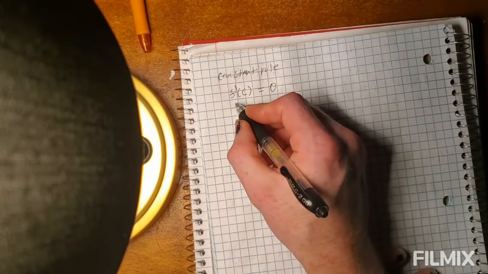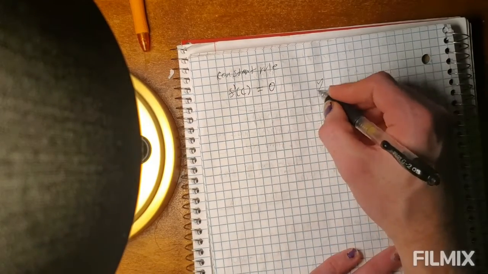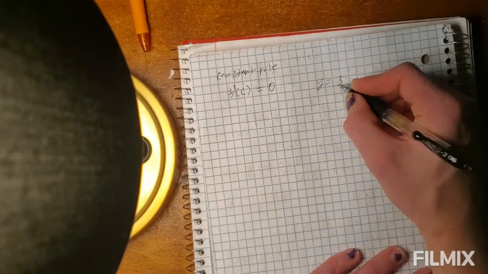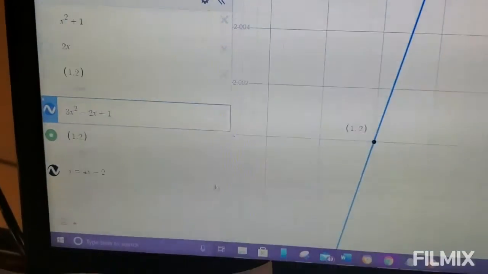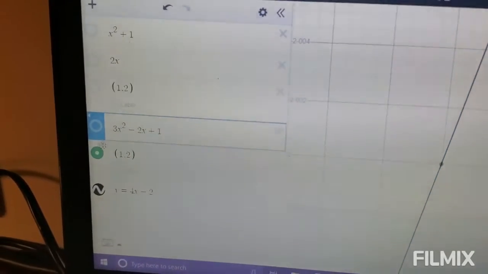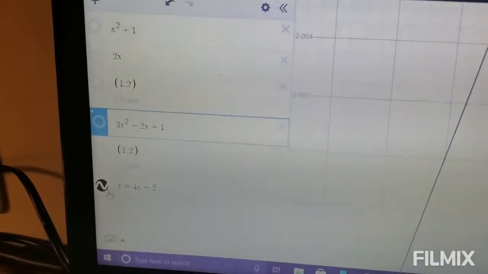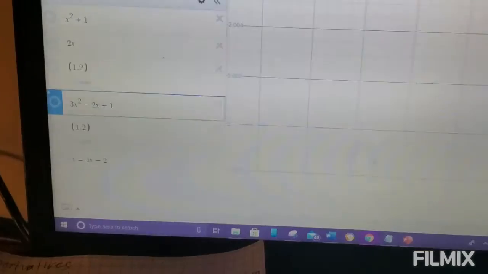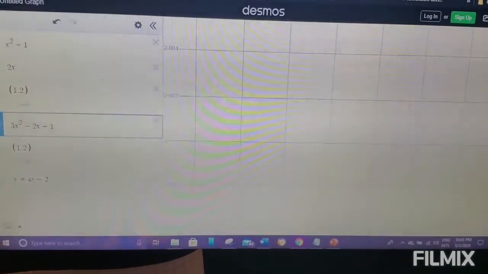It's because if y equals a number, y equals 3, well, let me show you the graph. Y equals 3 on here. Gotta take those off from the last video, and go back to home. Zoom out.